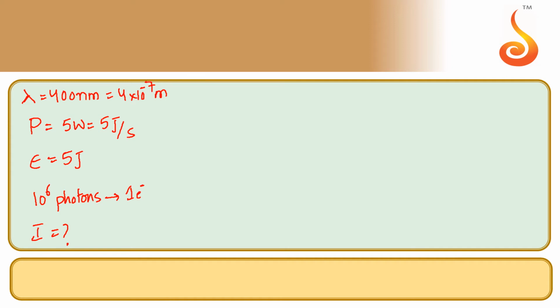So let us calculate first what is the amount of energy carried by one photon. So energy of one photon is equal to hc by lambda.